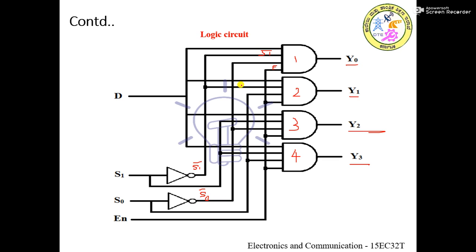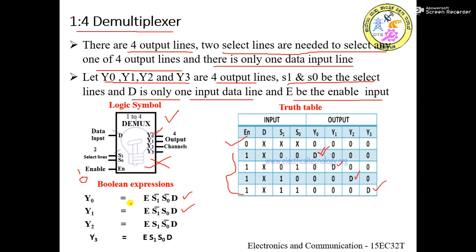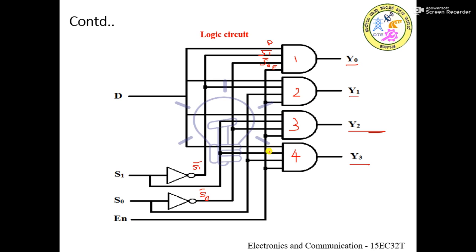Similarly S0 bar also is another input here for the first AND gate, and the last input is D. D is the first input. So if you multiply all these, then I will get the first Boolean expression, or the Boolean expression for Y0. Similarly, it is implemented for the other outputs as well.